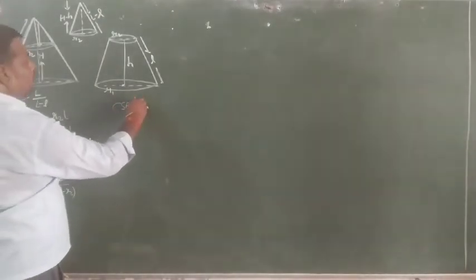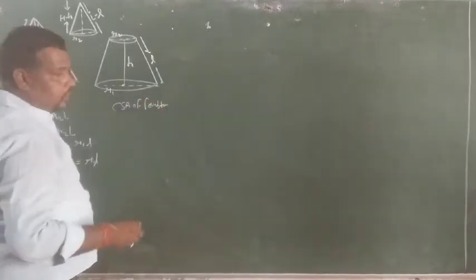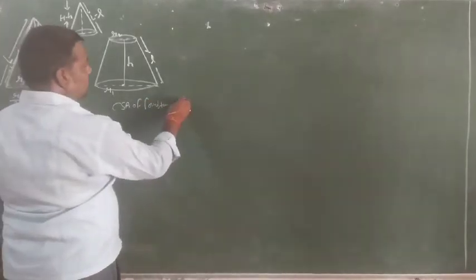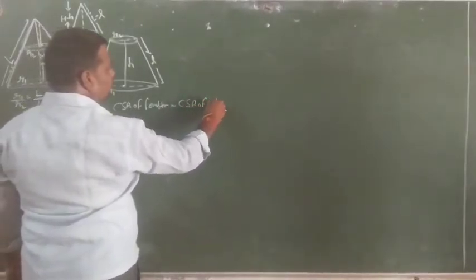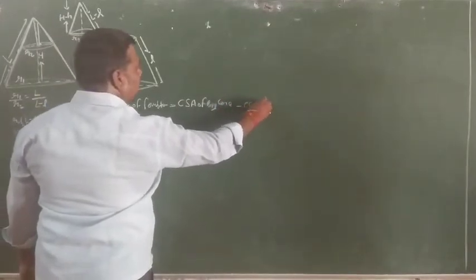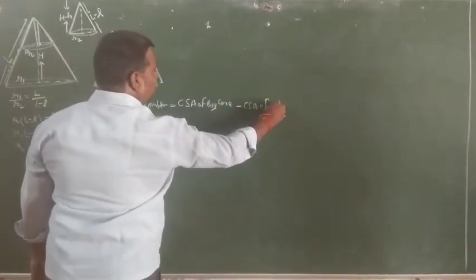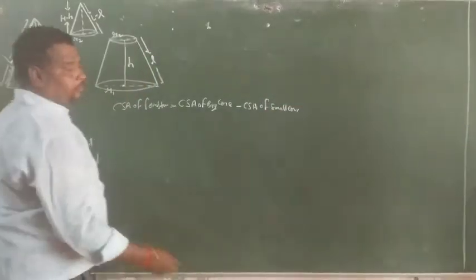CSA of frustum. How can we find the CSA of the frustum? CSA of the big cone minus CSA of the small cone. Right?